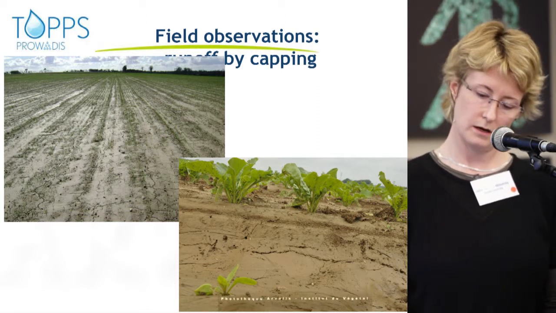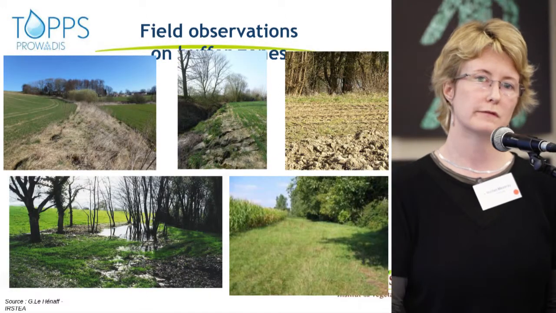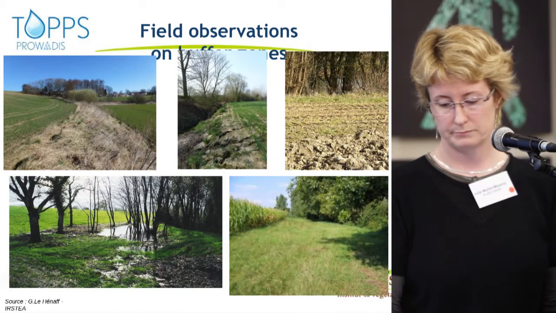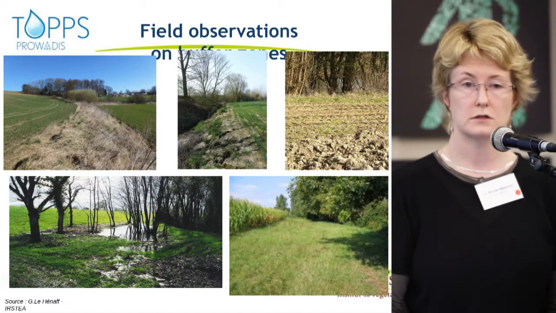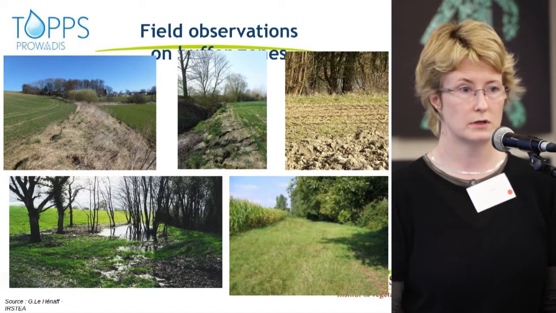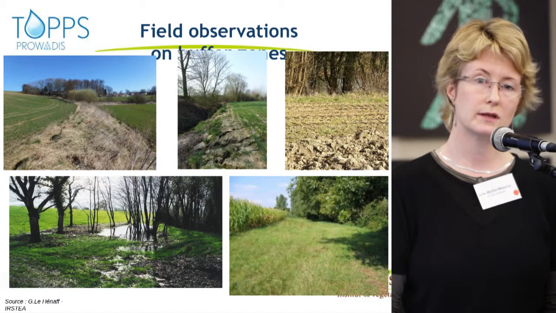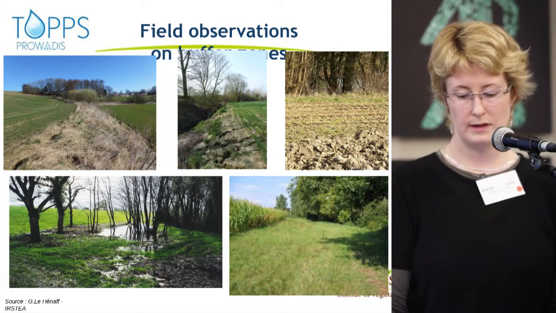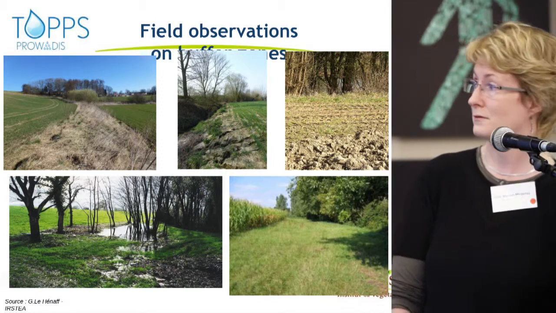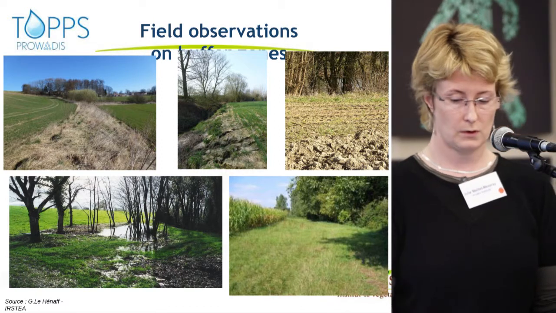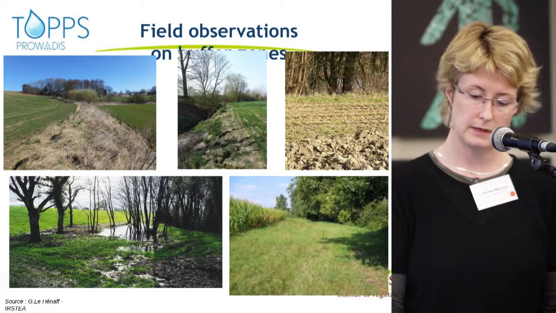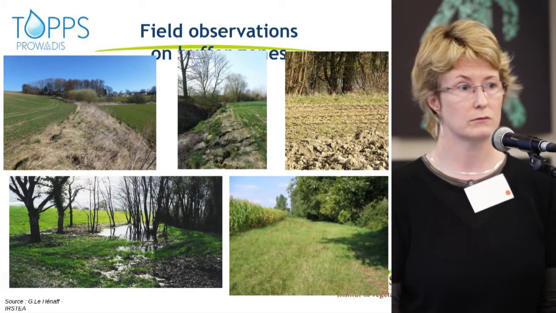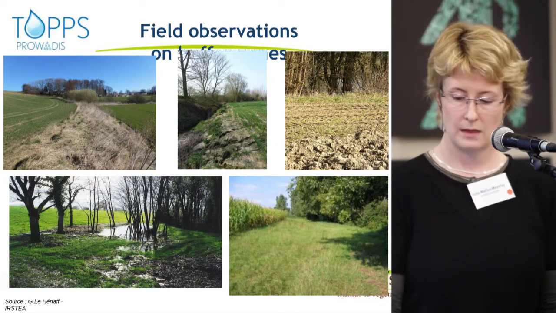Finally, I wanted to make a point on buffer zones, because buffer zones are well known as an efficient measure to prevent runoff, and they are already implemented in some countries. Top left, you have an in-field buffer zone, which can capture some runoff. In the middle, you have no buffer zone at all, and eroded headlands.